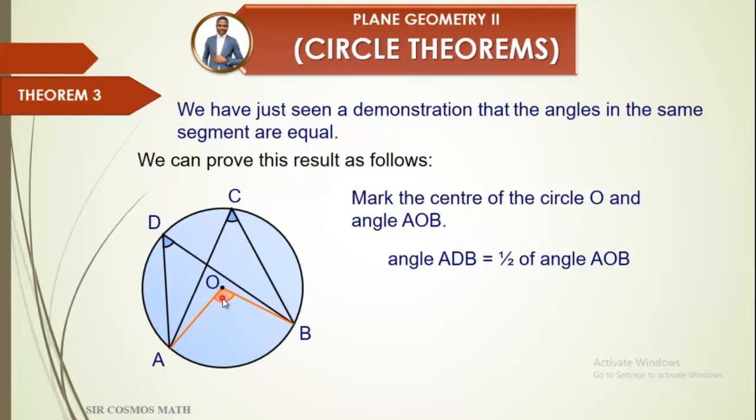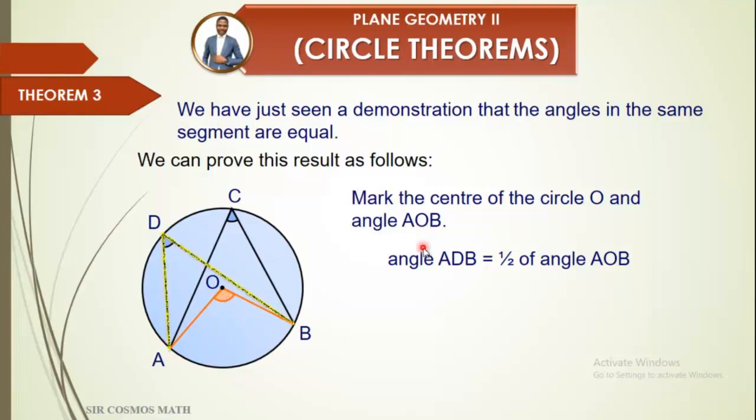Half of the angle at the center is equal to angle D. So angle ADB is half of the center angle. And the same thing applies to angle C. Half of the angle at the center is equal to that at the circumference.